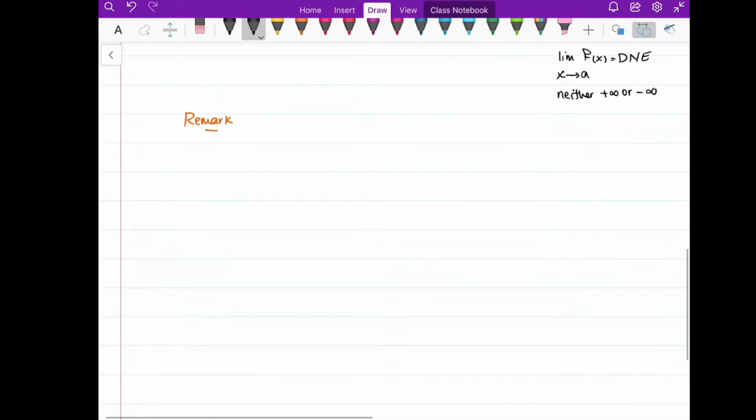And the remark is that if any of these occur, we say that x equal to a is a vertical asymptote.